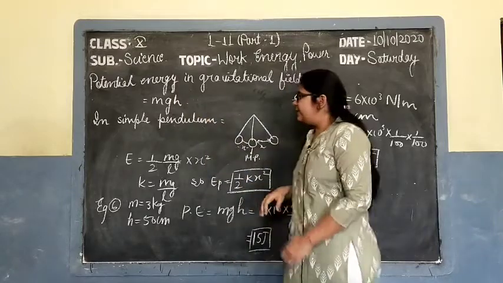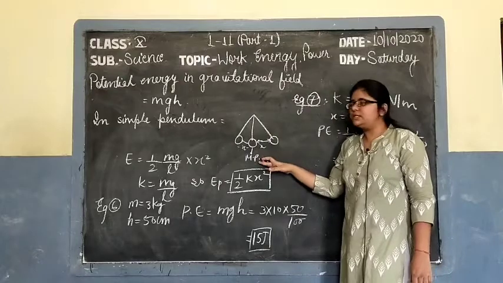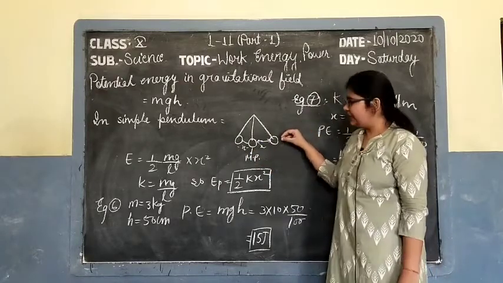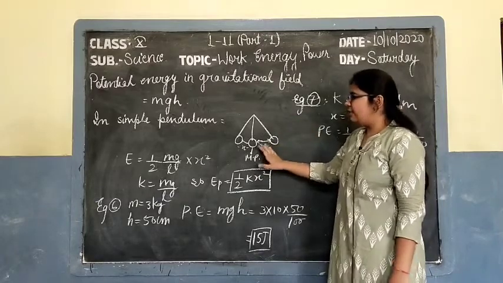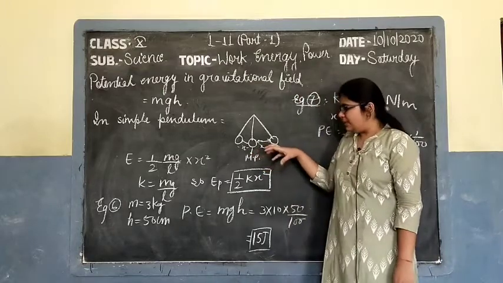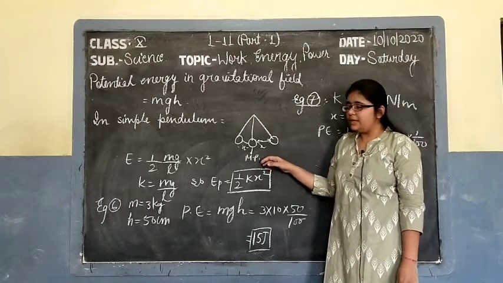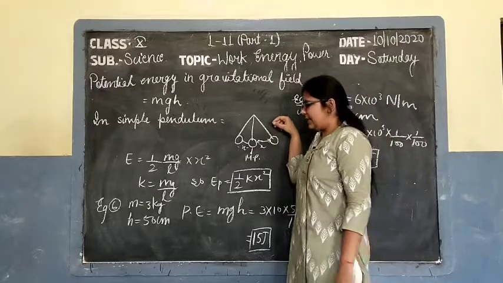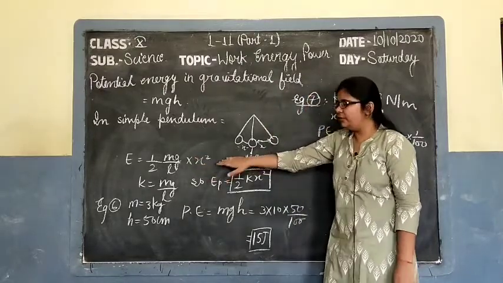Similarly, in a simple pendulum, there is a mean position in which the force is 0. If we take the object from the mean position and place it at a position x, there will be a displacement of x. The mass of the ball attached to the simple pendulum is m, and the length of the thread through which it is attached is L. So the energy we will get is half mg by L into x square.